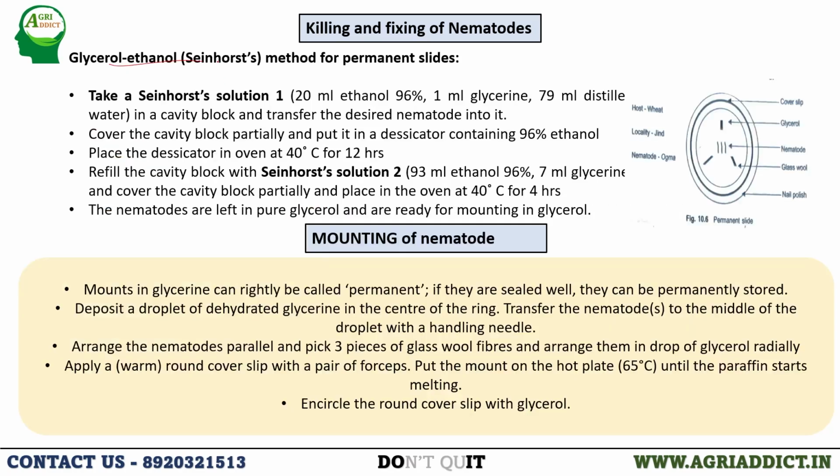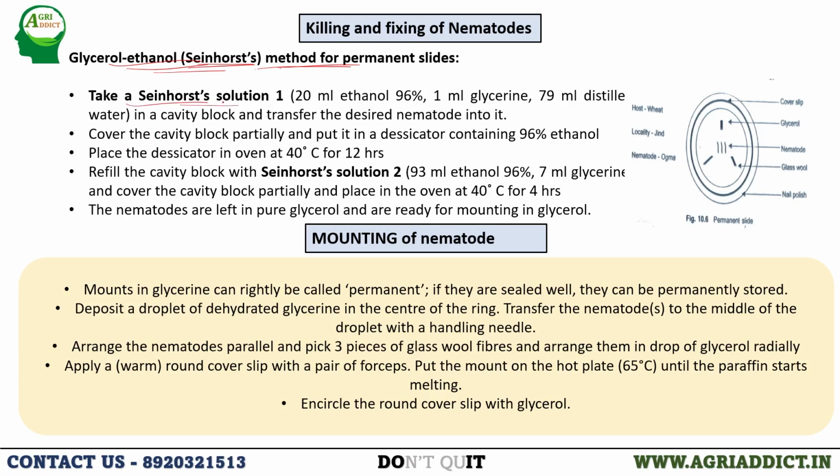Next is glycerol ethanol, the method which is used for making permanent slides. Now the killing and fixing of the nematode has taken place, and now it is the method of how to prepare permanent slides. Here the solution which is used for making permanent slides is glycerol ethanol, known as Seinhorst solution. Let us know how this method will be followed.